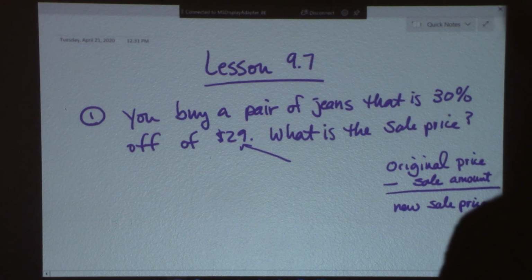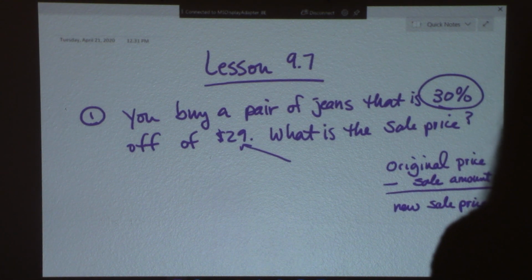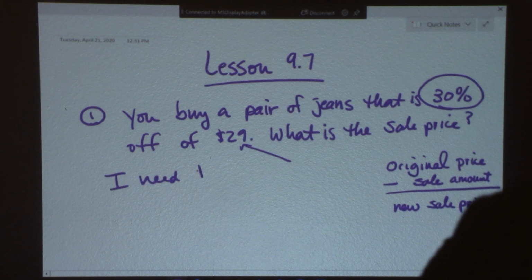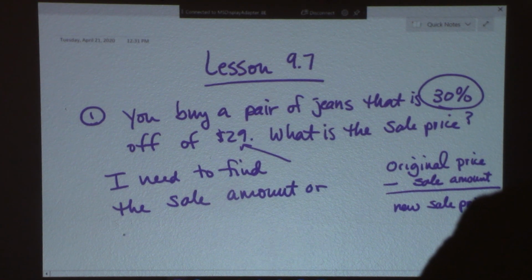And we know that we're going to take 30% off of $29 to get my new sale price. But the problem is I only know 30%. I don't know what the actual dollar amount is to compute. So that's what I need to find out. I need to find the sale amount or the discount amount.